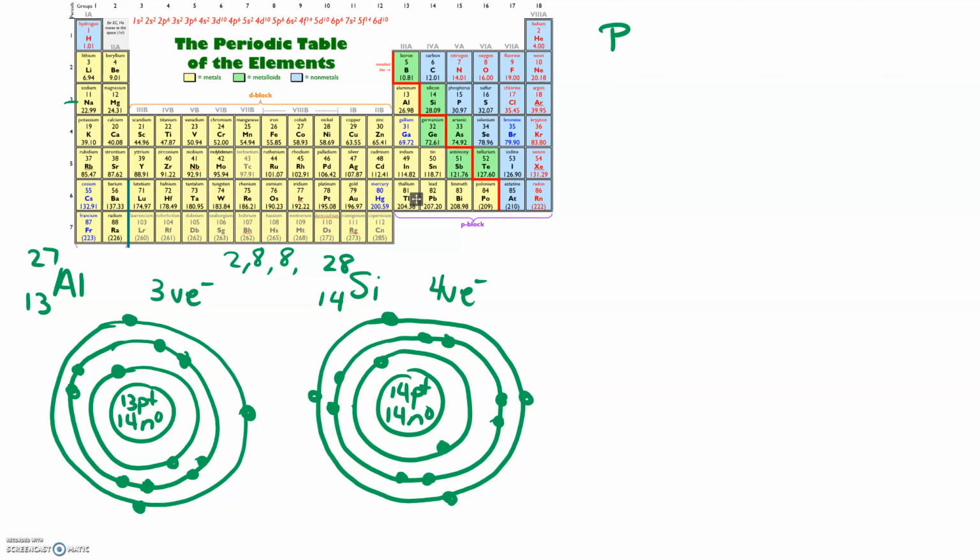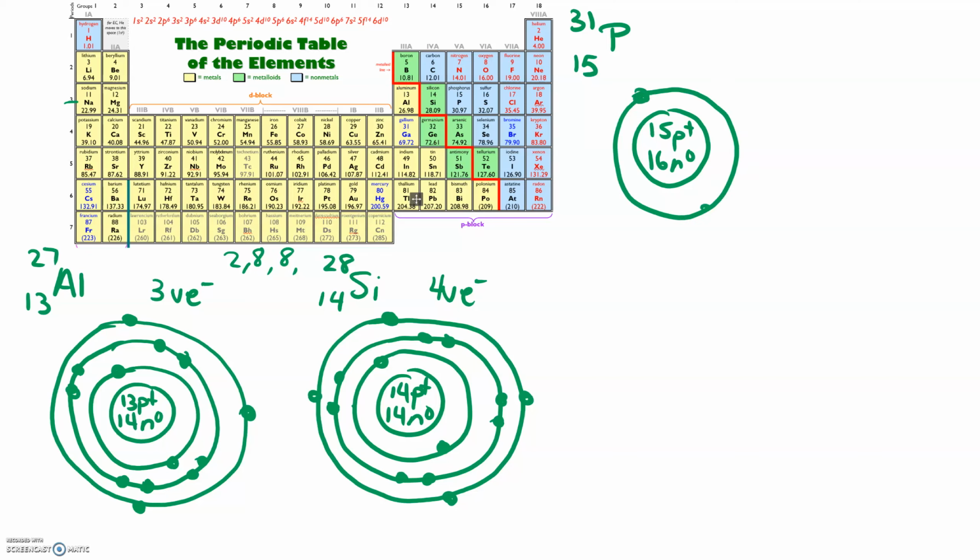And phosphorus has mass number, I'm going to round it up to 31. Atomic number is 15. So we're going to have 15 protons and 16 for neutrons because 31 minus 15 is 16. There we go. And remember to keep track of your dots.